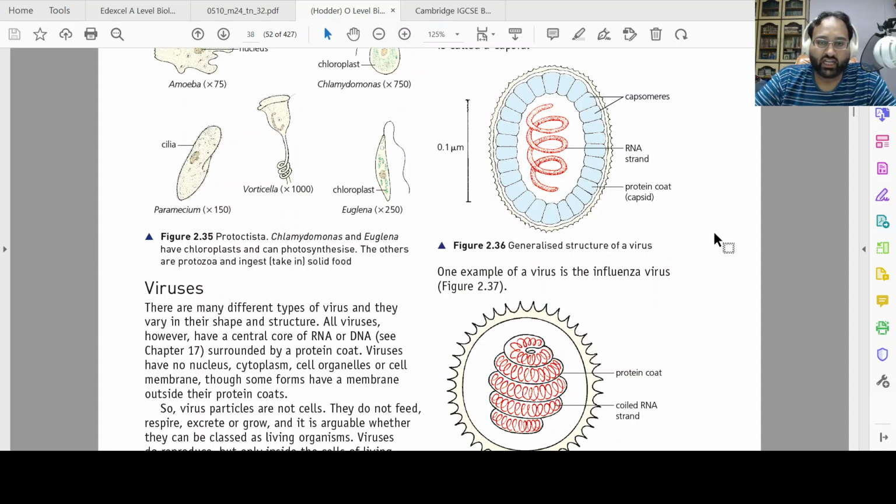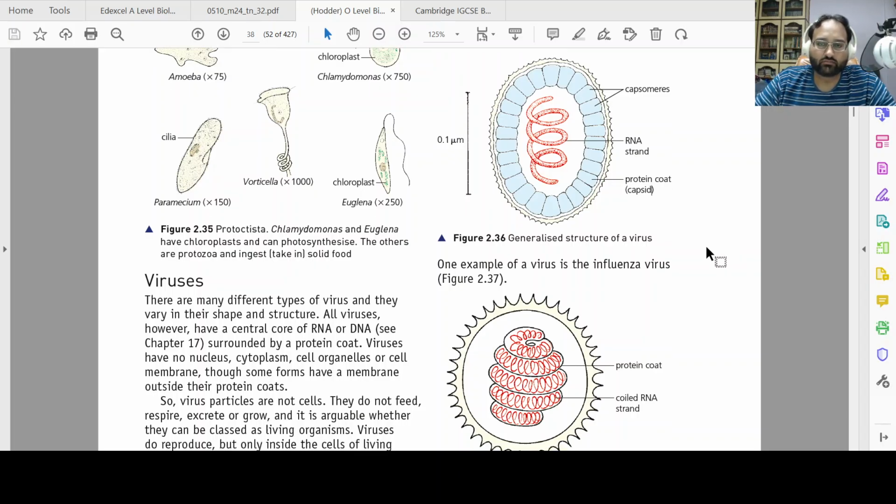If I give you a diagram of a virus particle, you should be able to label that there's genetic material in the center, and this is the capsid, which is the protein coat, and these individual proteins are the capsomeres. When you put the capsomeres together, them as a group is called the capsid, the whole coat, the whole surrounding wall or barrier.